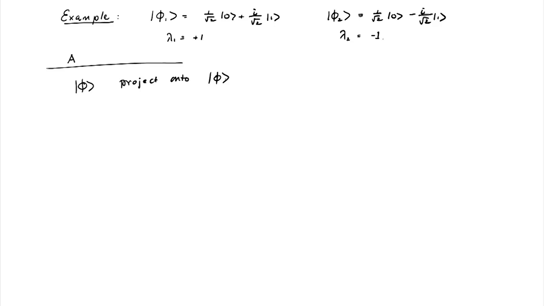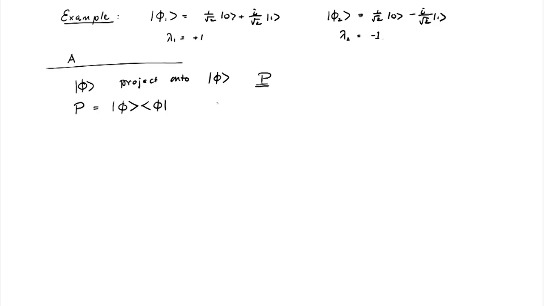There's a linear transformation P that will do this for you. So how do you design P? Well, we saw that there's a very nice way of designing P in this bra-ket notation. It's just ket phi times bra phi. This is the projection onto phi, the operator that does it for you.